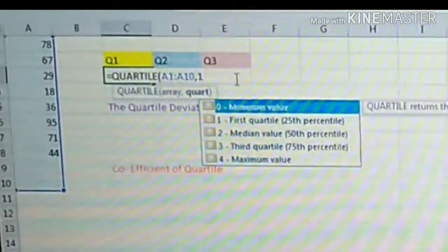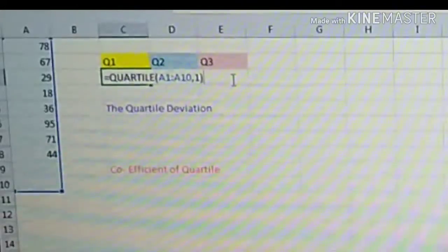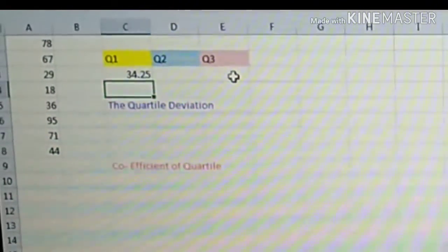Then, close parenthesis, then enter. That would be our quartile 1.